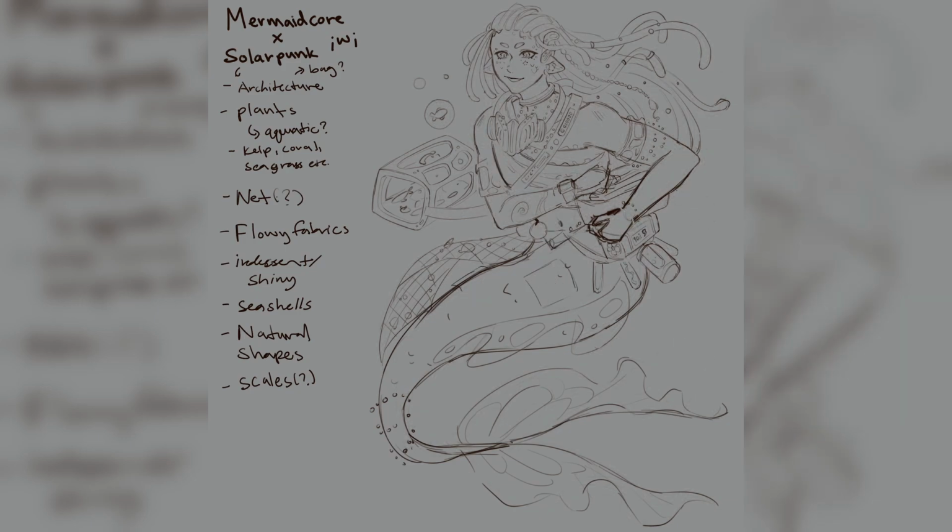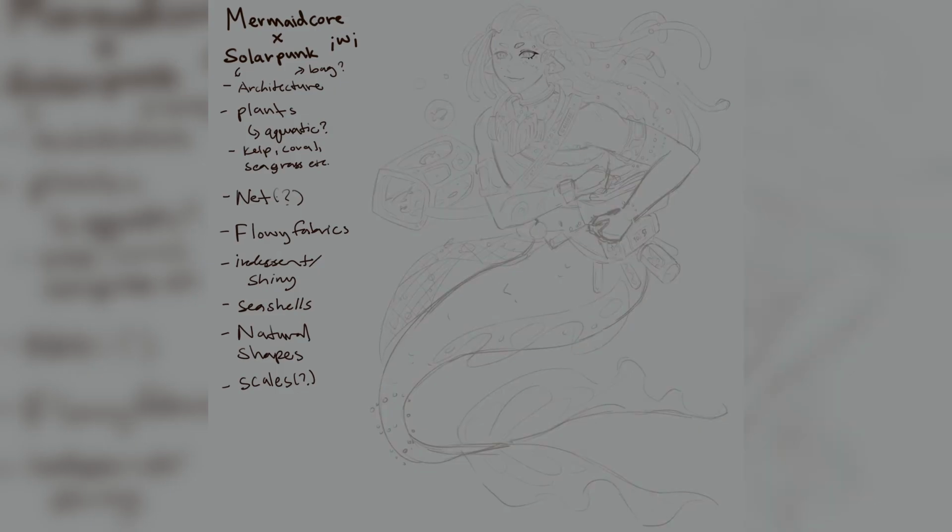I wasn't originally going to make her a mermaid, but I decided to cheat a little because I couldn't do it. It was difficult. It was really, really difficult mixing the two in. The main problem that I had was that Solarpunk and Mermaid Core do not mix. For a number of reasons, aside from the obvious, like, they're very, very different things.